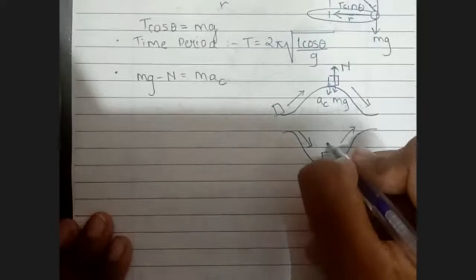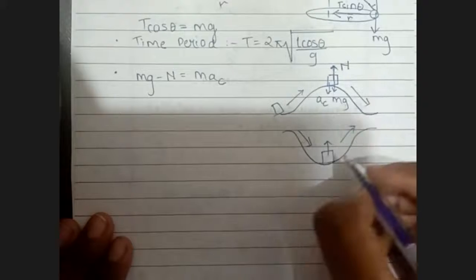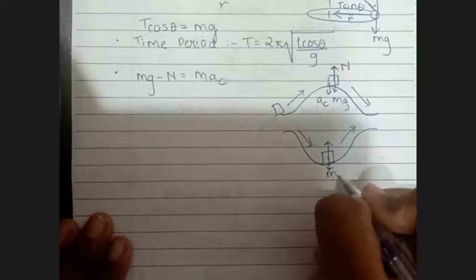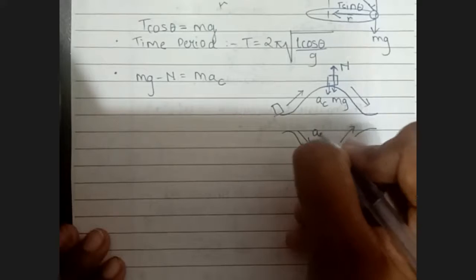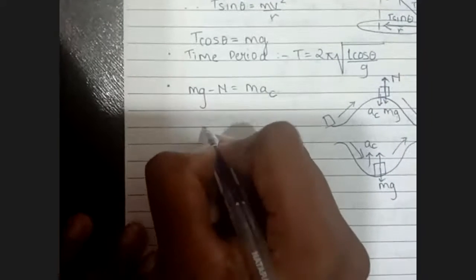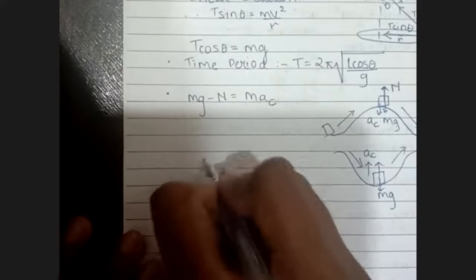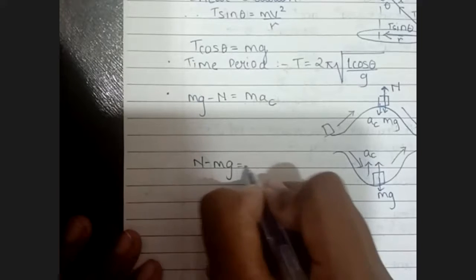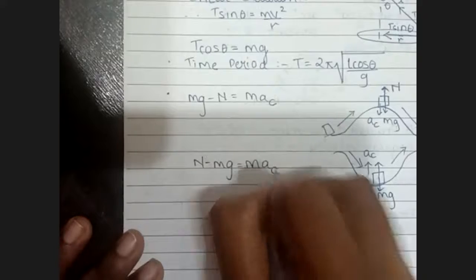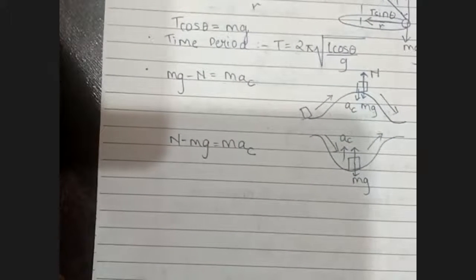Downwards, the normal reaction will go upwards, and mg will go downwards. Here the acceleration will also go upwards. So by this we get to know the result.